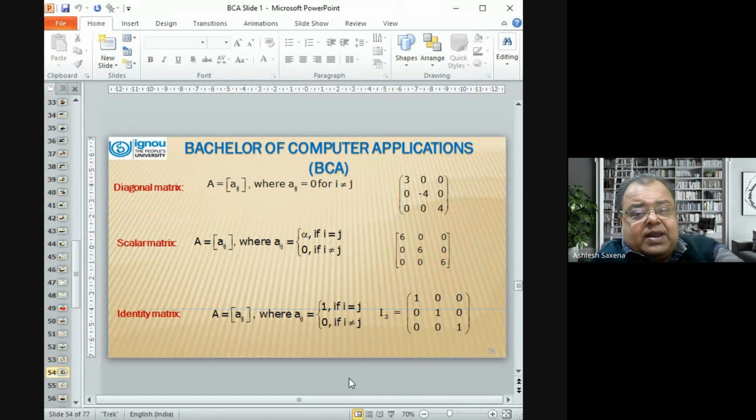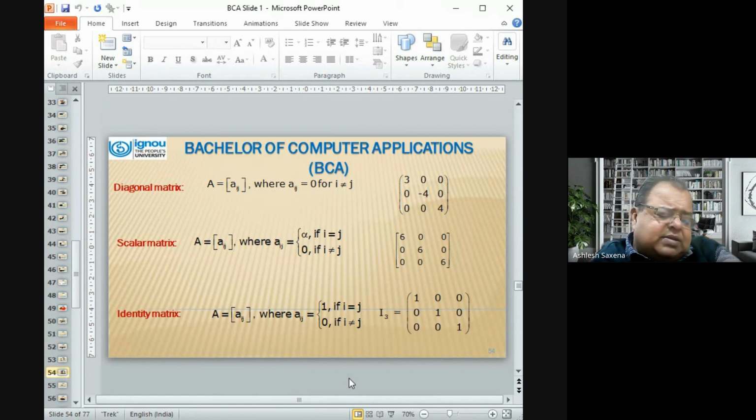Next one is the diagonal matrix. A diagonal matrix is a matrix in which the non-zero elements are only on the diagonal, and all the remaining elements are 0. Your diagonal elements are 3, -4, and 4, and all other elements are 0. Then comes the scalar matrix.